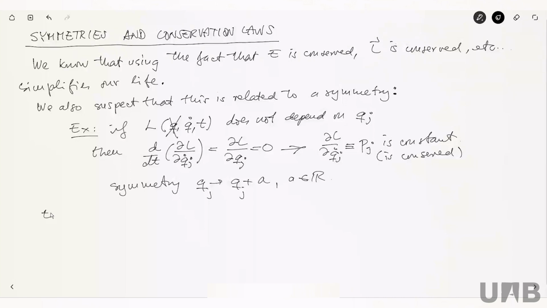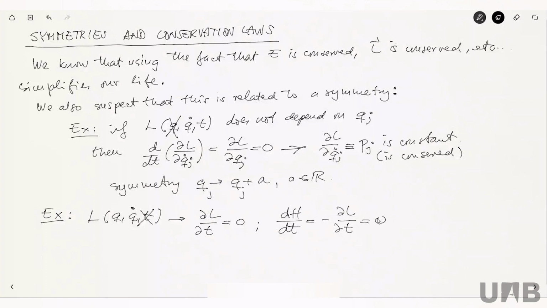Okay, another example that we have already seen is that if the Lagrangian, which in principle depends on q, q dot, and t, does not depend on t, then the derivative of L with respect to t explicitly is 0. And we know that the derivative of the Hamiltonian with respect to t, the total derivative, equals minus the derivative of the Lagrangian with respect to t explicitly. And this is now 0.